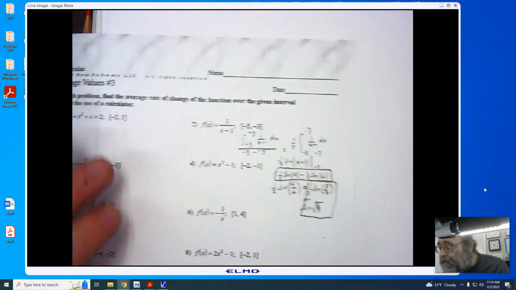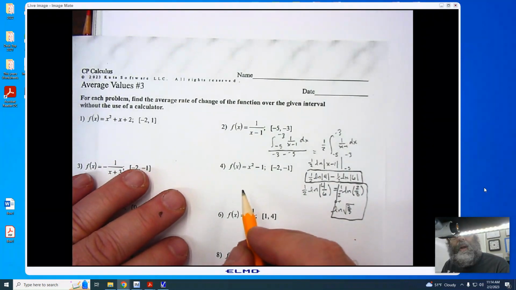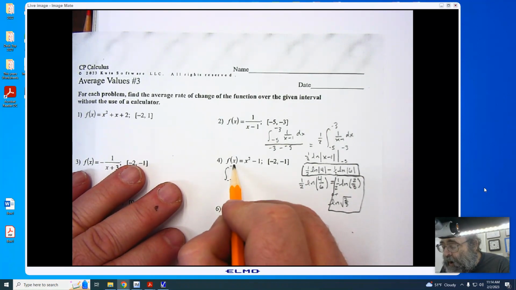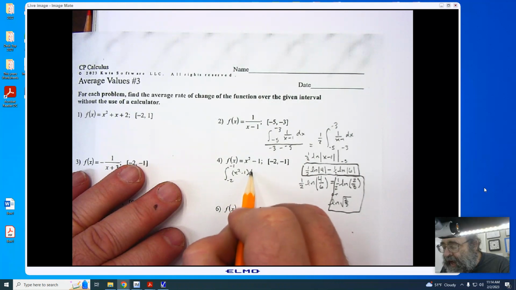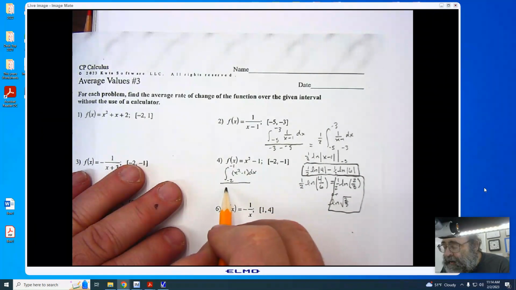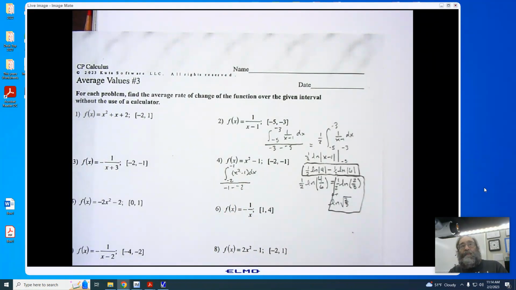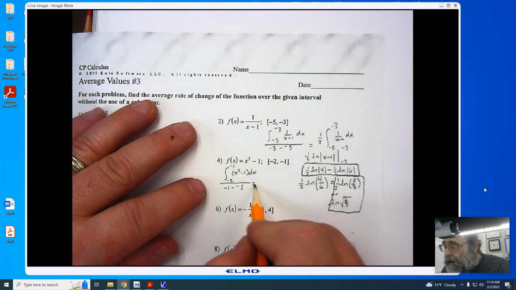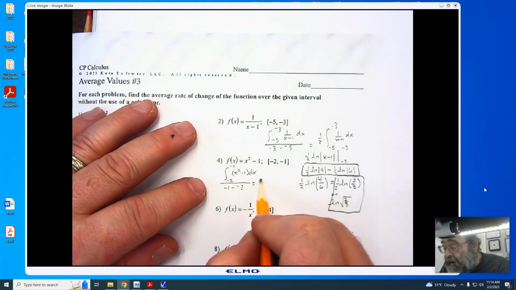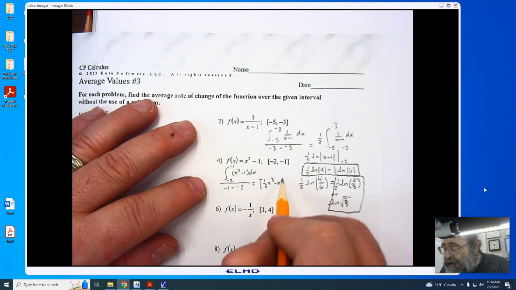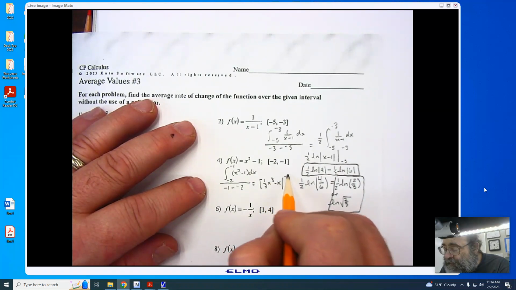Let's go to number 4. Number 4, we're now doing the integration from -2 to -1 of x squared minus 1 dx divided by -1 minus -2. Now you'll notice we get a result of a 1 in the denominator, so this is simply going to go away, and I am going to integrate normally 1/3 x cubed minus x from -2 to -1.